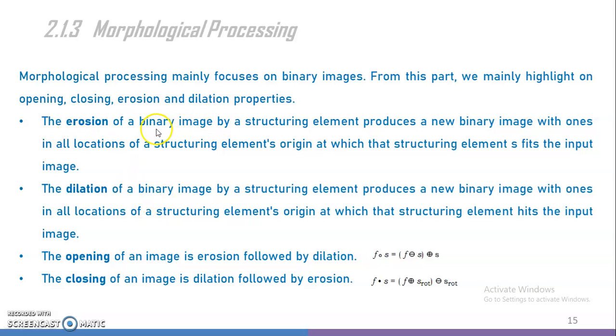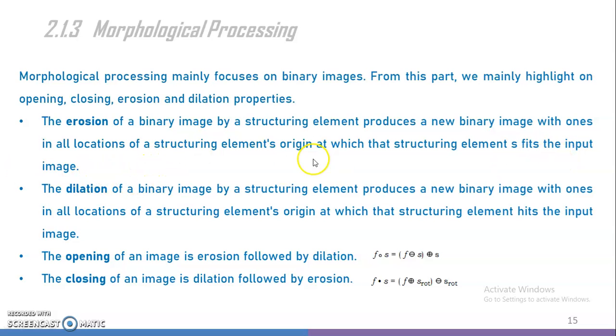Erosion of a binary image uses a structural element and produces a new binary image with the ones in all locations of the structuring element's origin at which the structural element fits the input image.